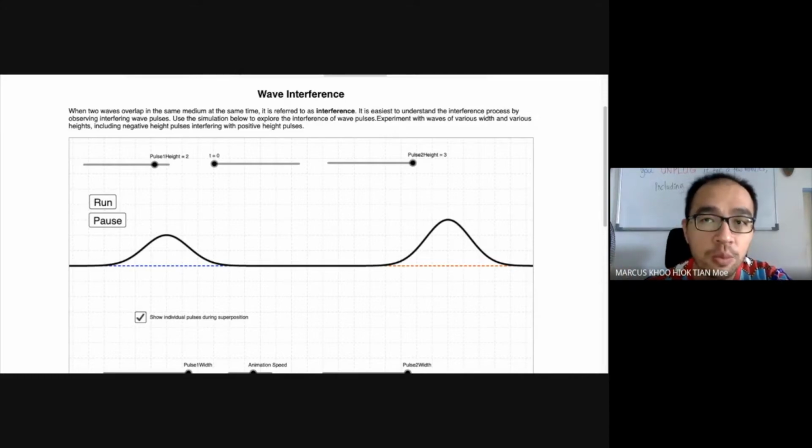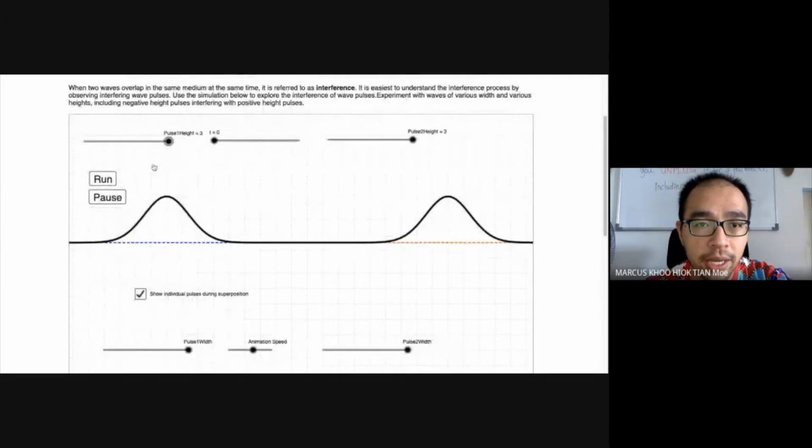All these weird words, superpose, superposition, interfere, interference, are words that we will use in this particular subtopic. So you have to get used to these words. When the two waves meet, bila mereka berjumpa, we don't say meet anymore. We say they superpose. We don't say combine, we say they superpose.